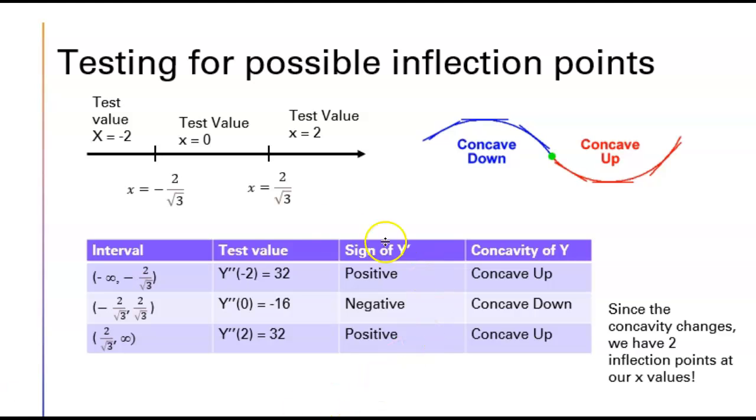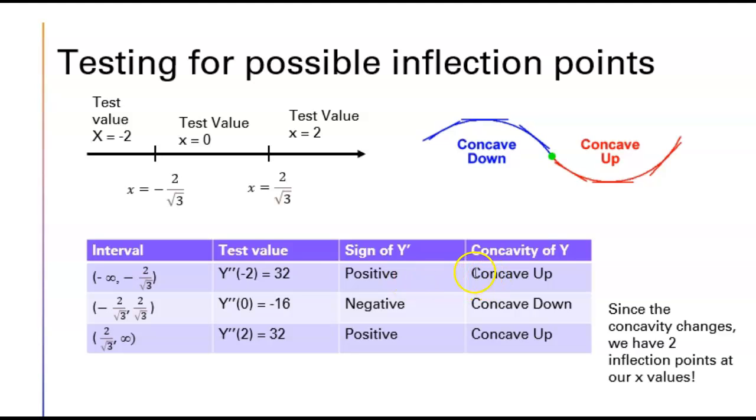So here again I have put another table, which I think is always useful, and it always helps to organize all this information that you are getting from one equation. So here I have that when I tested the values and plugged them into the derivative, the sign of the derivative is positive, negative, positive, and that affects the graph of my function to be concave up, concave down, and concave up.